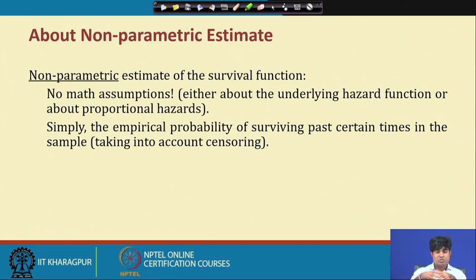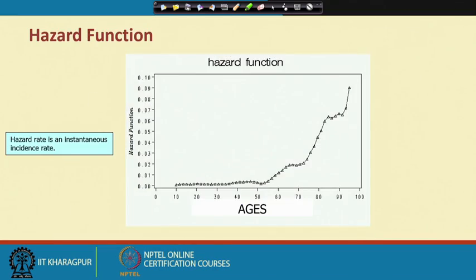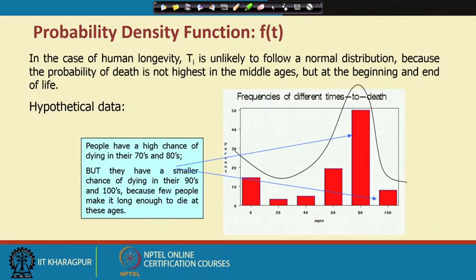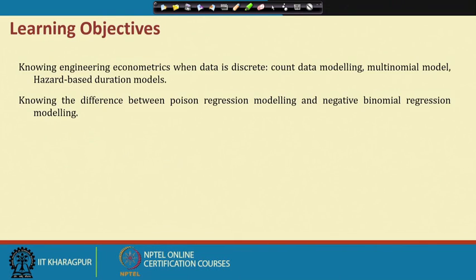Non-parametric estimation of the survival function means no mathematical assumptions either about the underlying hazard functions or about proportional hazards, and it simply brings the empirical probability of surviving past certain times in the sample, taking into account what are called censored samples. Ultimately, we have discussed various types of models relating to some of the engineering problems relating to data, and various kinds of situations and requirements.